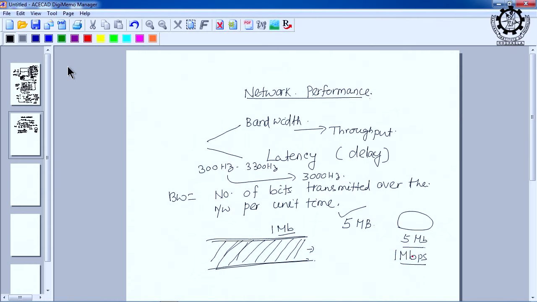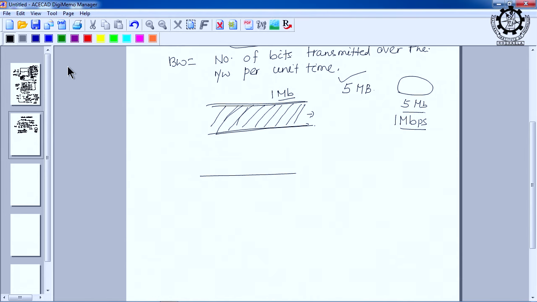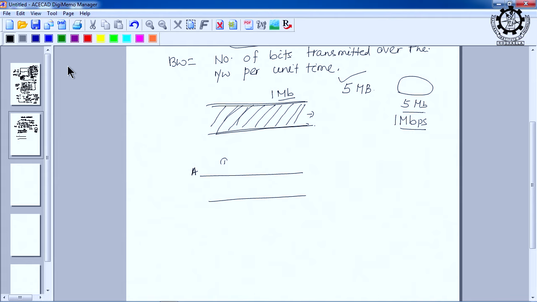The other parameter, as we discussed, is latency. Latency means what? Let us say there is a channel here, and a node or a user A is connected to the channel and it wants to transmit data. This is a host or a computer. The first step it will do is generate the data. Then it will release the data into the channel, which will take some time.